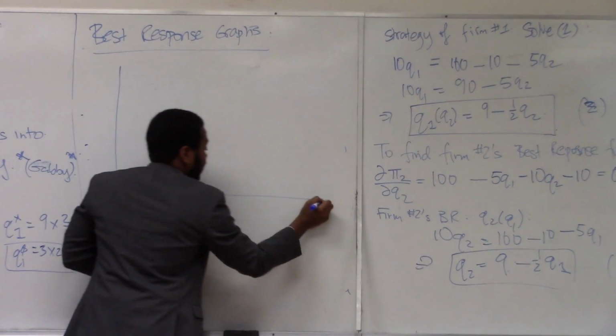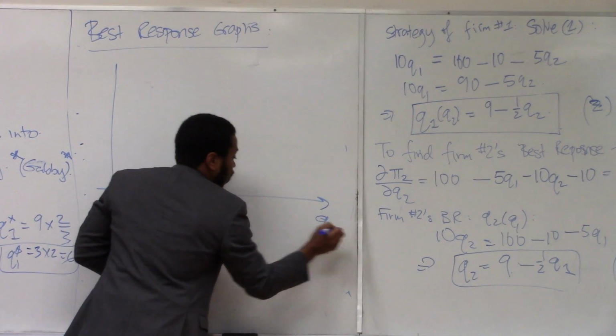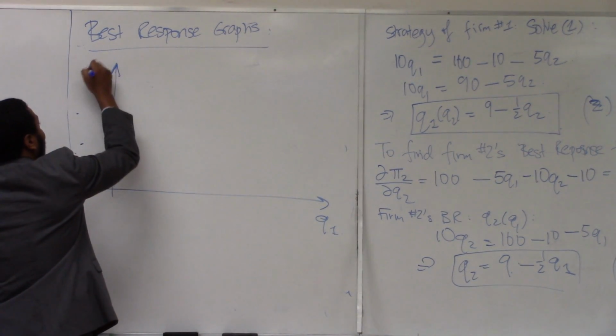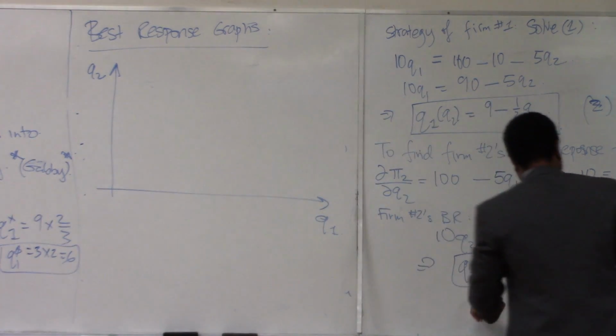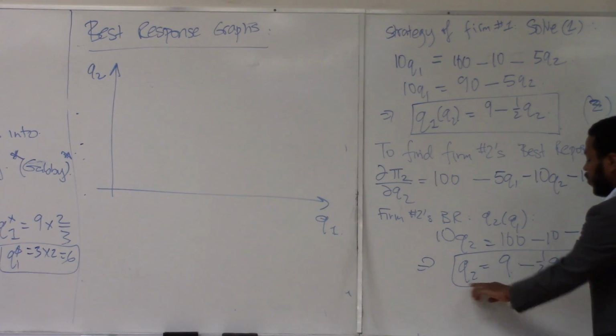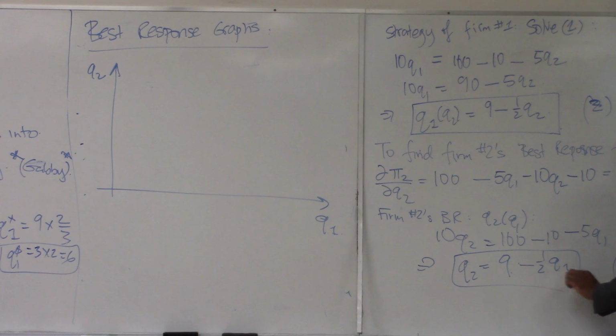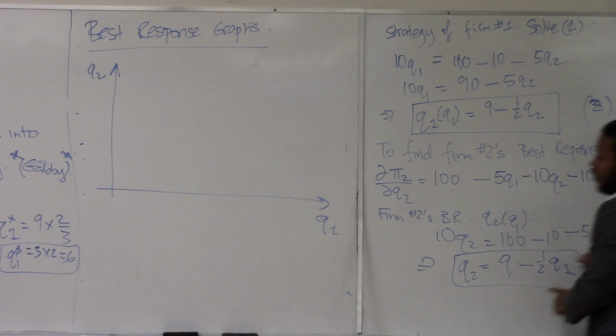On the horizontal axis, we're going to plot Q1, and on the vertical axis, we're going to plot Q2. So let's look at the best response for firm 2. It's going to be Q2 is equal to 9 minus a half Q1. So when Q1 is equal to 0, what's Q2 going to be? 9.